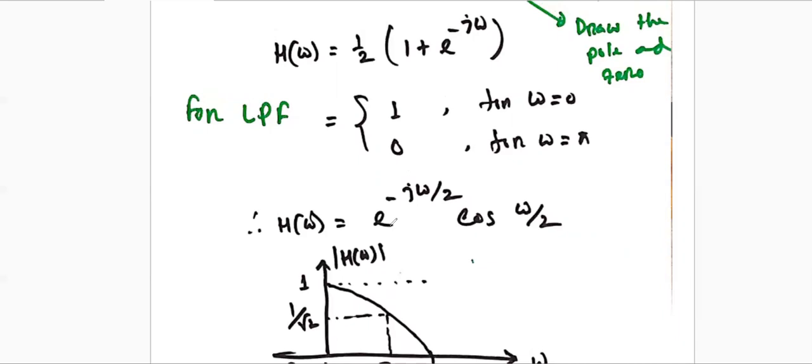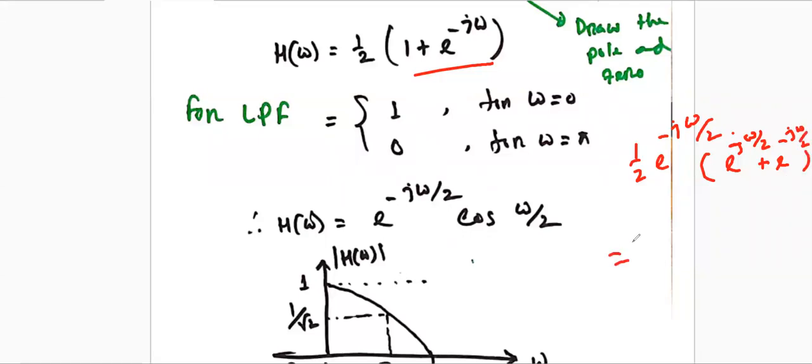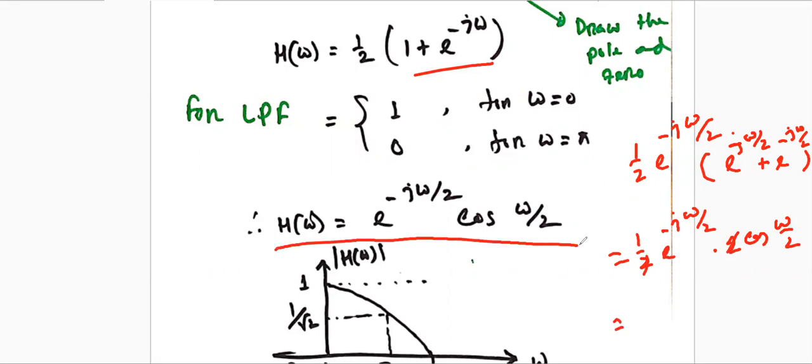Take the common factor e to the power j omega by 2 in this equation. So it will give, let's say, half e to the power minus j omega divided by 2, then we have e to the power j omega divided by 2 plus e to the power minus j omega divided by 2. So from there we can find half e to the power minus j omega divided by 2 into twice cos omega divided by 2, and these 2 will cancel, and eventually you'll find this equation.